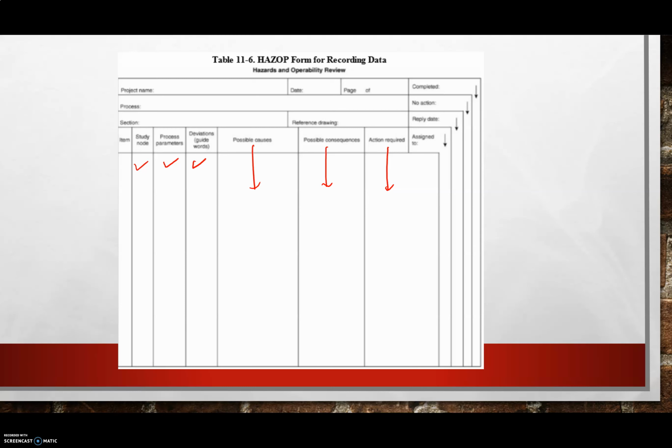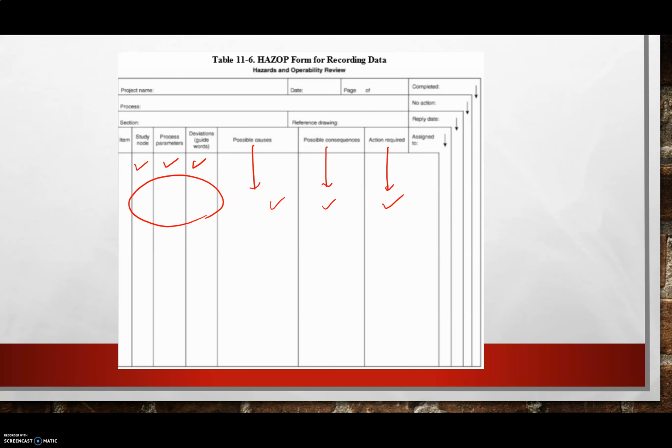So these three parts will be determined by the unit process, but these three elements have to be filled by you.